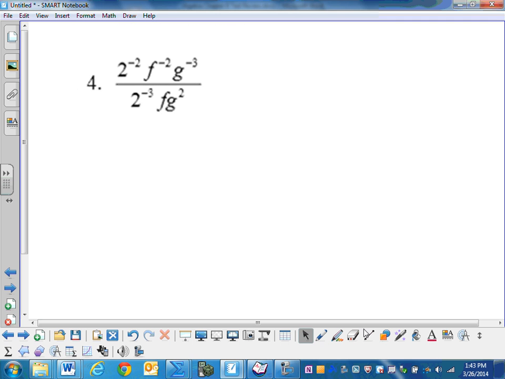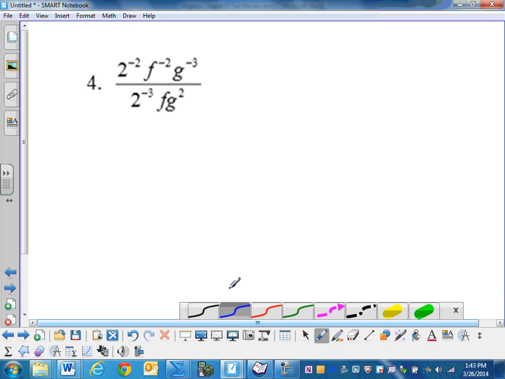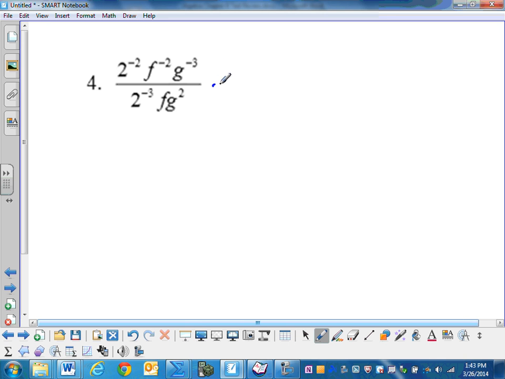Number 4, I'm looking for any groupings, any parentheses, any powers to raise. I have none. So now I'm going to make all the exponents positive. So 2 to the negative 2 becomes 2 to the 2, f to the 2, g to the 3.